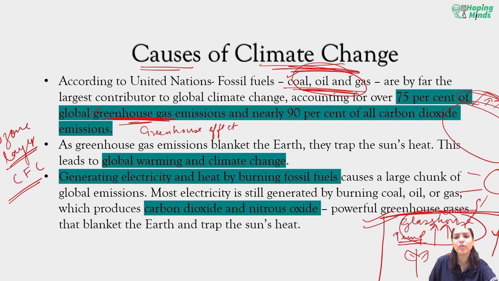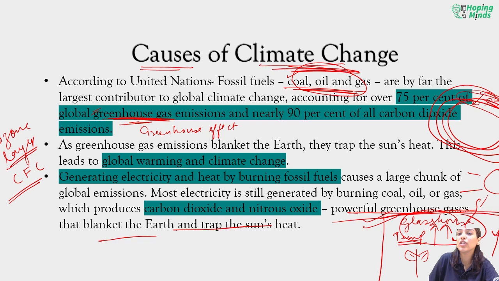Now, this is a setup which is man-made, but when such greenhouse gases blanket the surface of the earth, these greenhouse gases like carbon dioxide, carbon monoxide, nitrous oxide, they all are powerful greenhouse gases that blanket the earth and trap sun heat, leading to a rise in temperature.